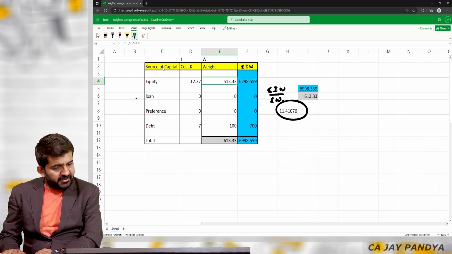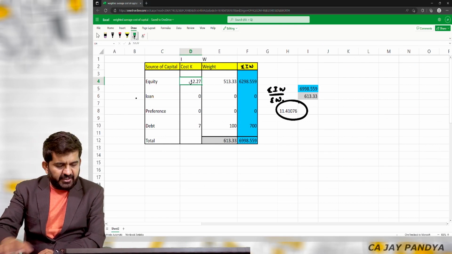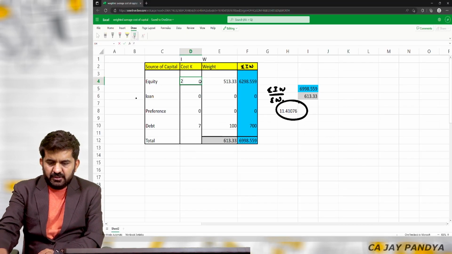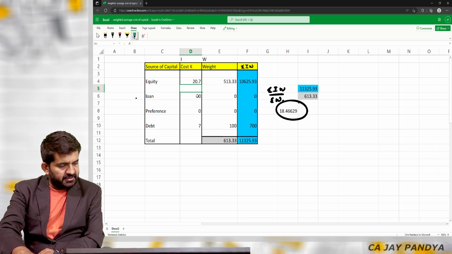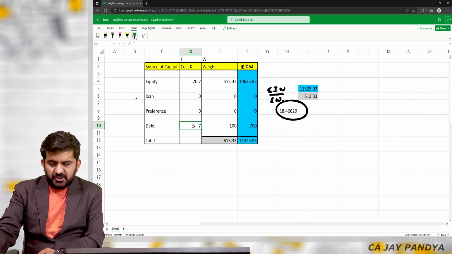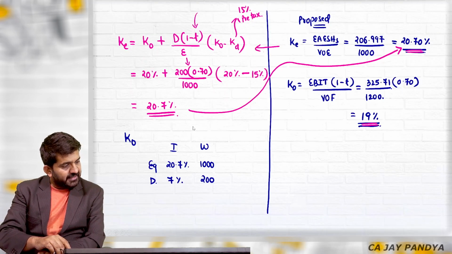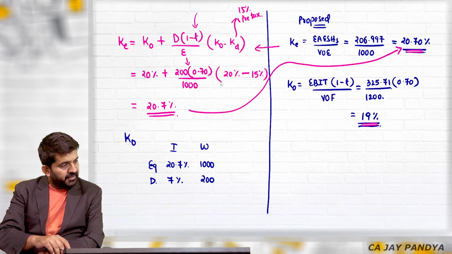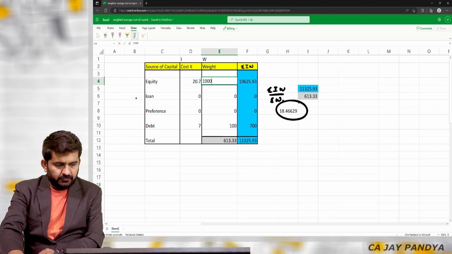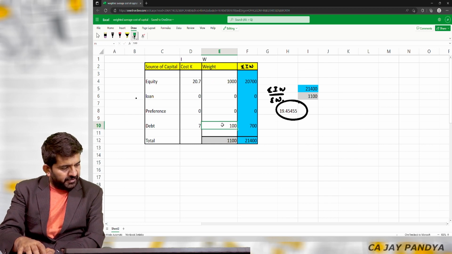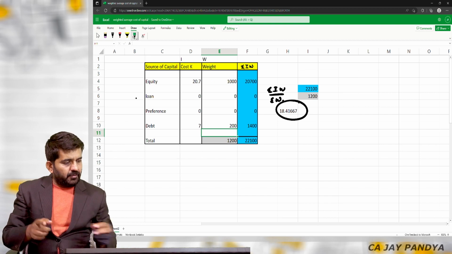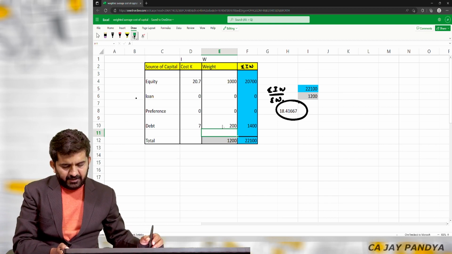Cost of equity is 20.70. Cost of debt is 7%. Value of equity is 1000 and value of debt is 200. What will be the answer? 18.41.